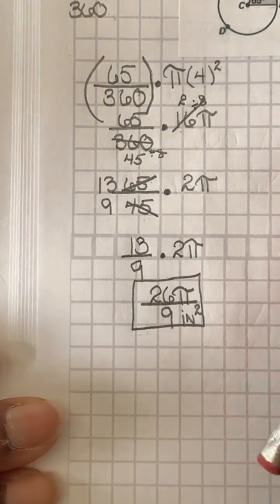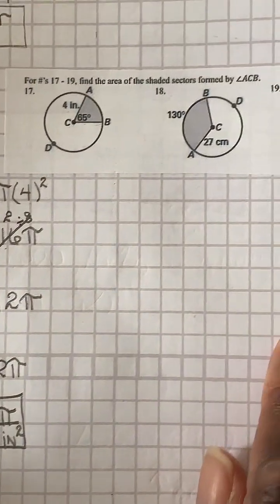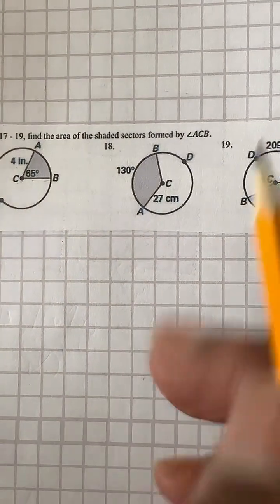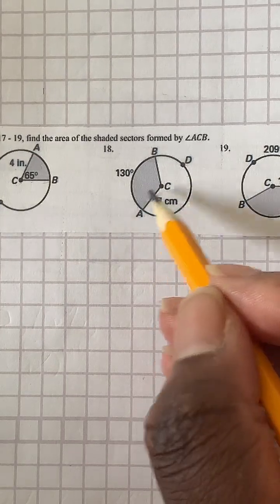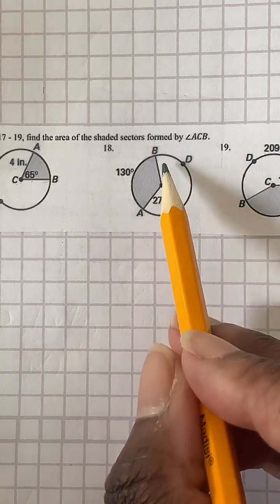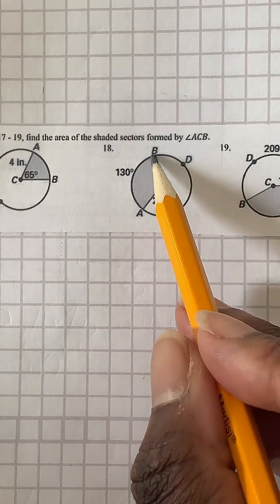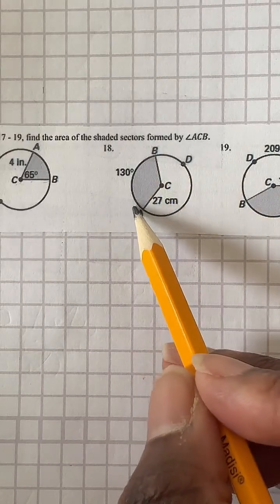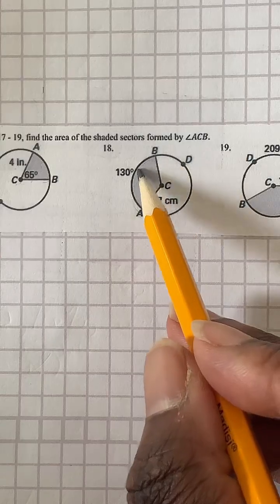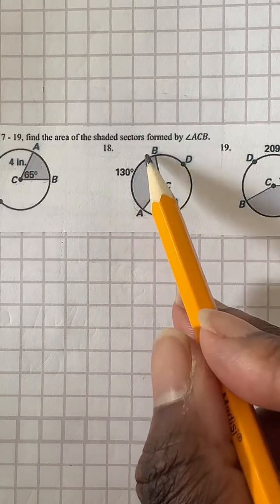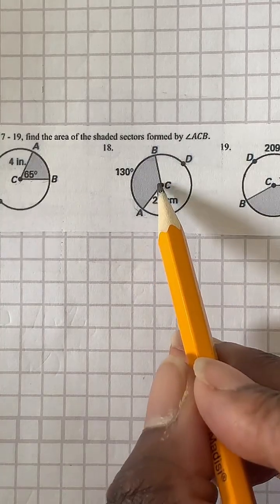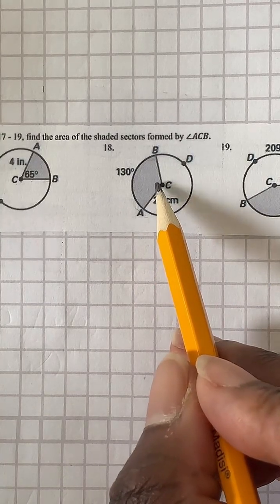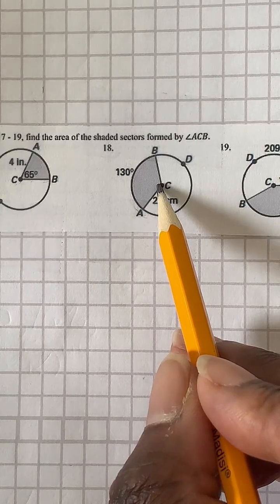Okay, so now for the next one, we're trying to find the area of the shaded region. Okay, so they're saying that the arc measure of BD is 130. Does it mean that the measure of angle C is also 130?